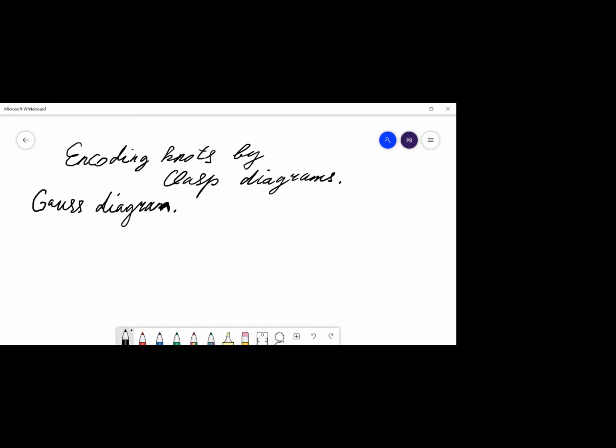So for example, let's draw a Gauss diagram of the following node.